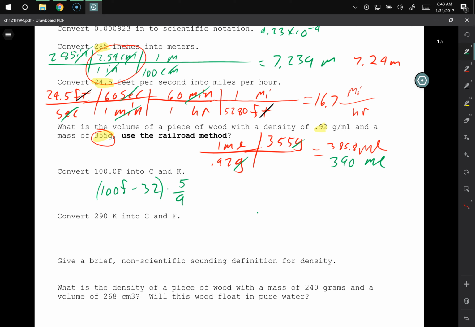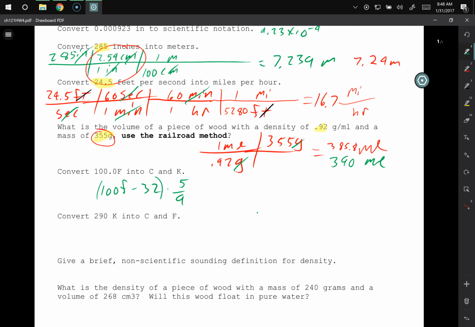If I type that into my calculator as 100 minus 32 times 5 divided by 9, I'm not going to get the answer I want. Why? The order of operations is going to do 32 times 5 divided by 9, then whatever that is, subtract that away from the 100. And so if you got an answer that's not really close to 37, that's probably why.